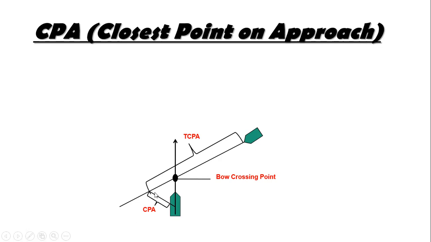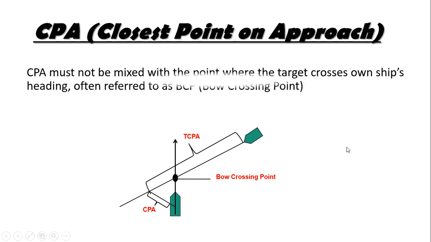It will always be 90 degrees, or perpendicular, to the relative motion line going to your vessel's position. CPA must not be mixed with the point where the target crosses on the ship's heading, often referred to as the bow crossing point.